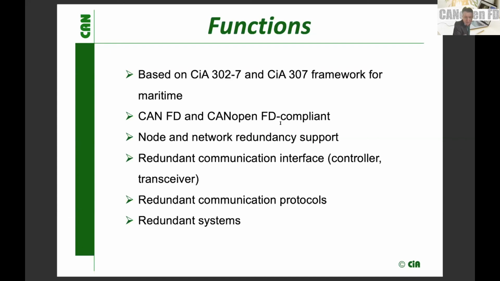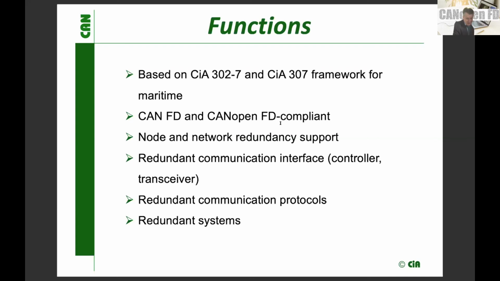It was removed for now because the usage was a little bit limited, but now we want to do this generically and have support for CAN FD based networks, and especially it should be a CANopen FD compliant redundancy concept. We introduced a technical group, as my colleague mentioned, high availability, and this group works on this concept of redundancy to make it generic for all CANopen FD based technologies.